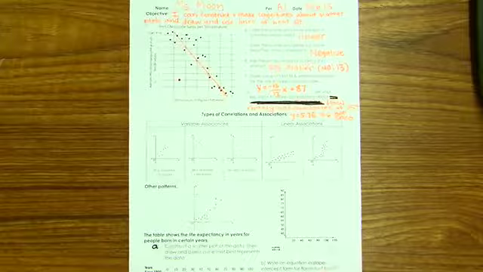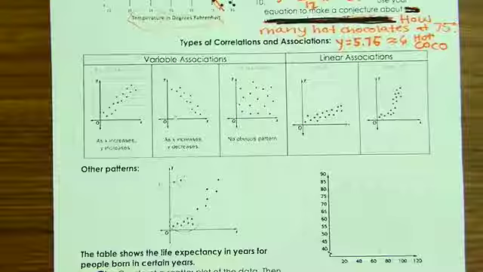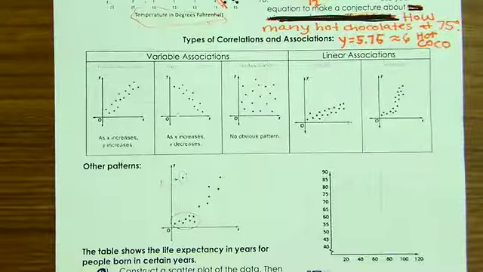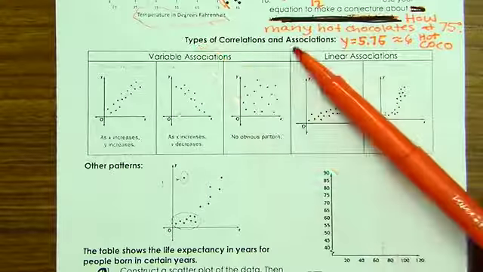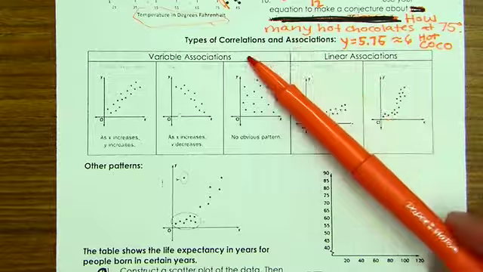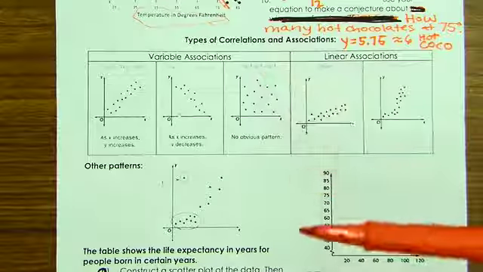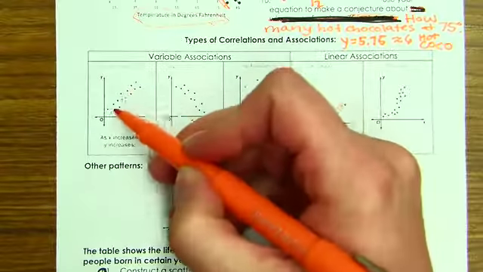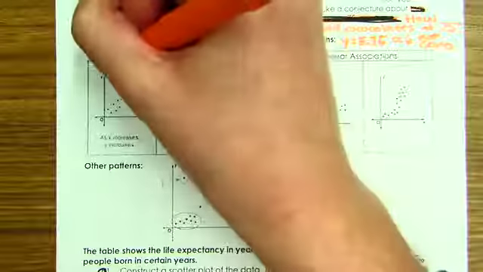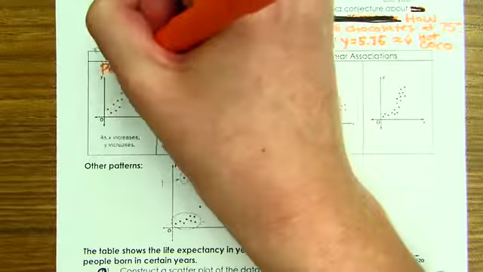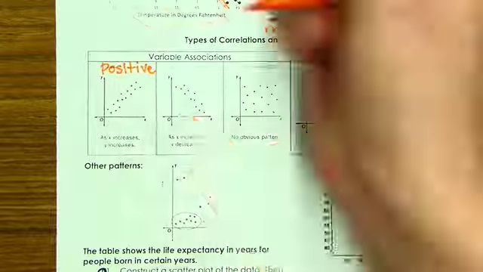Now that we've gone through one example and kind of interpreted it and done a line of best fit, let's look at examples that could be on any scatter plot. So we're looking at types of correlations and associations. Correlation and associations are just another word for patterns in scatter plots. So over here, as x increases, y also increases, and it has a positive slope, so we call that a positive association.